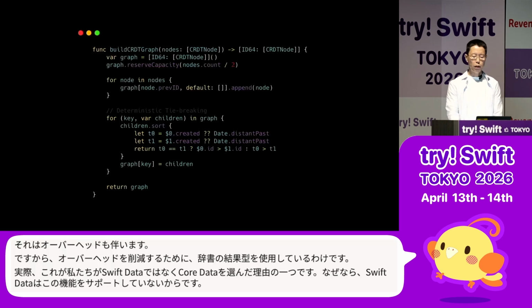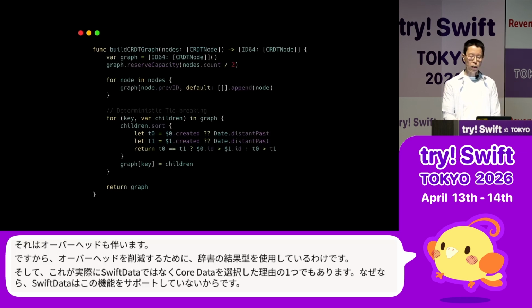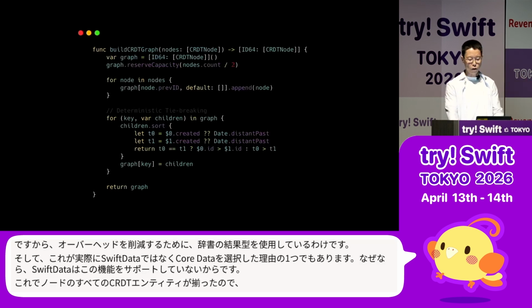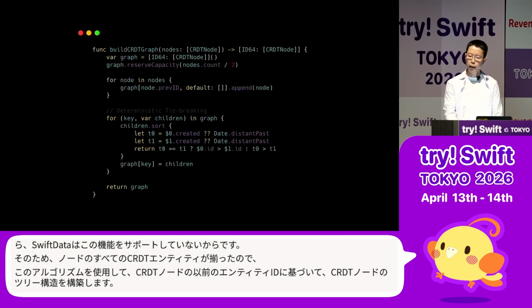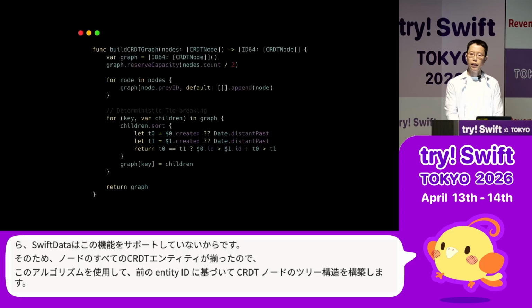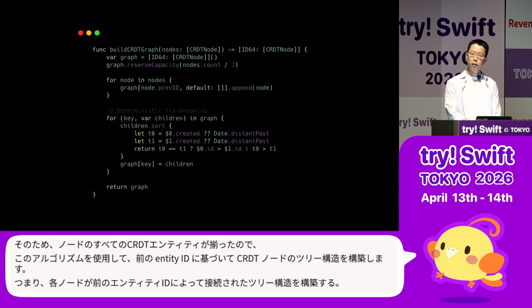So now that we have all of the CRDT entities for a node, we use this algorithm to build a tree structure of the CRDT nodes based on their previous entity IDs. In other words, we construct a tree where each node is connected by the previous entity ID, like the tree you saw in the earlier slide.